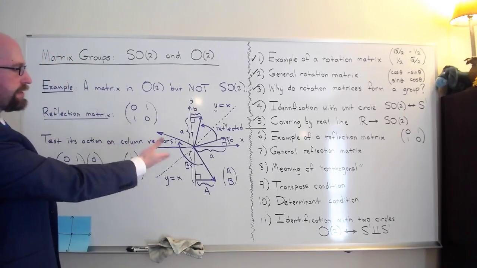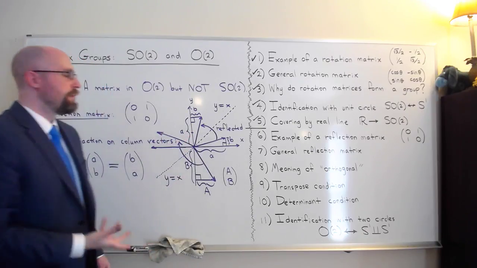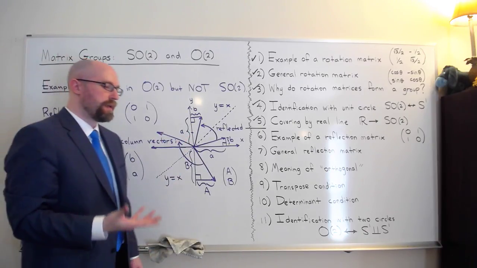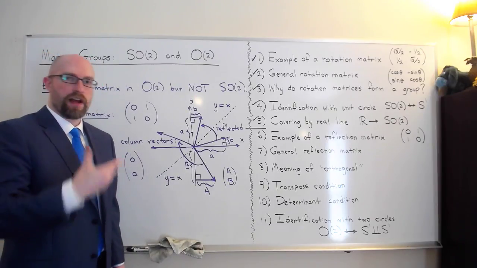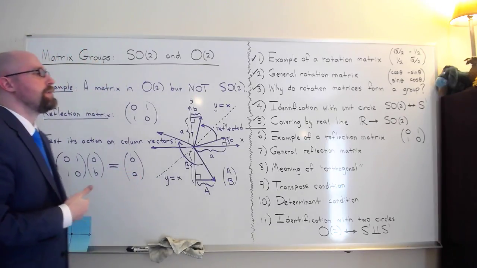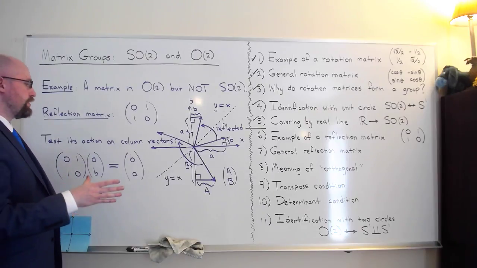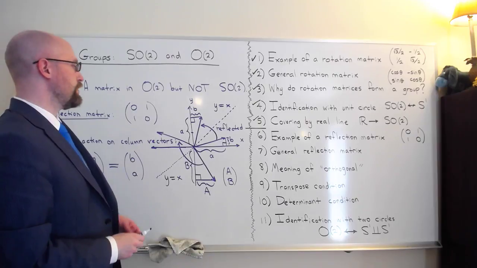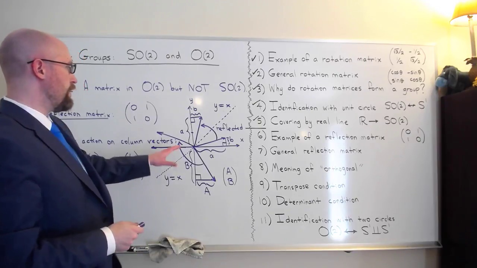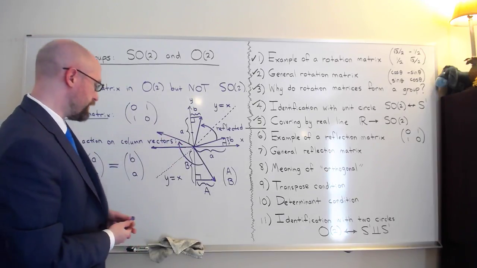It will turn out that it's the same way in this case. We could rotate and then reflect, and that will be the same effect as a reflection across a different line. But we will put that off to the next video. The point of this video was just to give you an example of a particular reflection matrix.